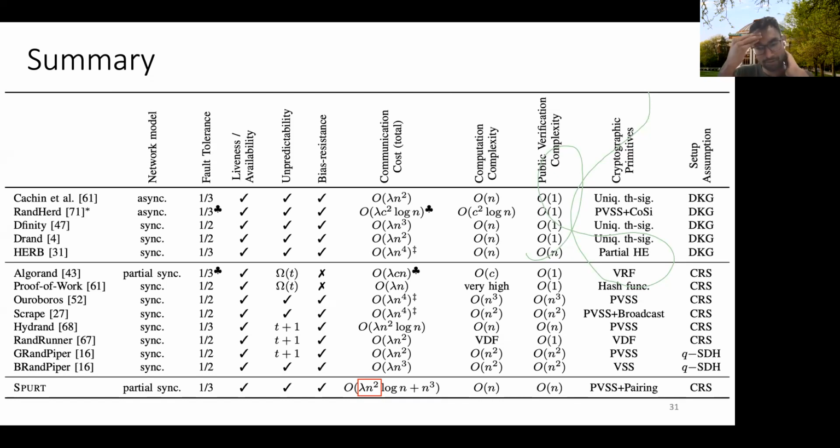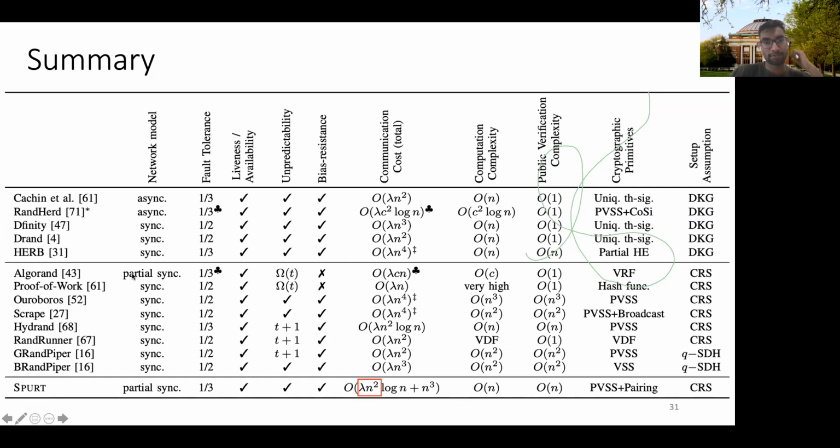But the downside is that if you change the number of nodes too often, for example, in Algorand proof of stake, in every round they sample a new committee. Then with every new committee, you have to do a DKG once. So DKG based primitives are not so suitable for those kinds of settings.